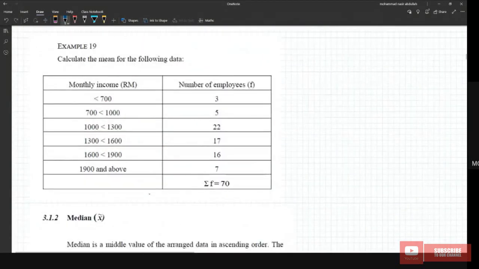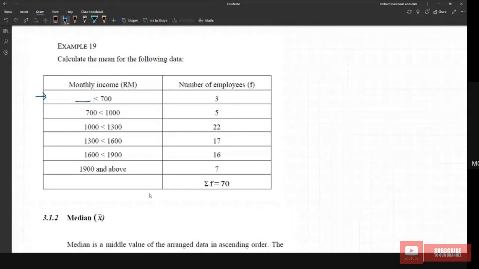So now, this example is the same example as previous, right? Kalau kita tengok dekat sini, the first class dia tak tunjuk the lower class boundary, right? It is less than 700, and the second class boundary 700 to 1000, right? 1000 to 1300.